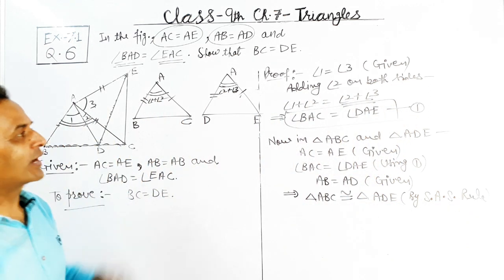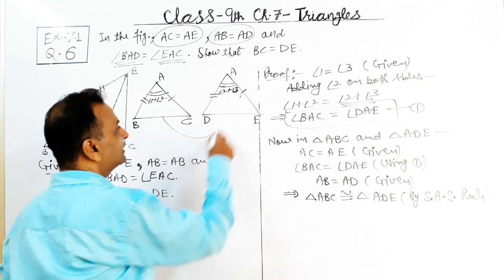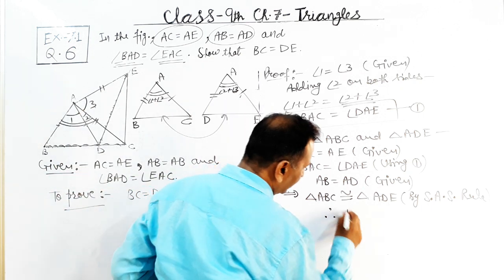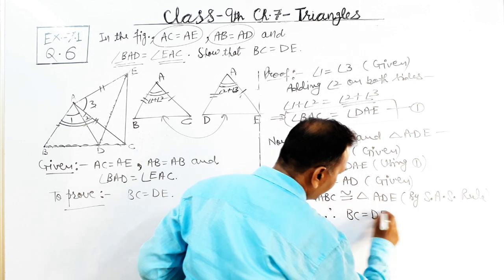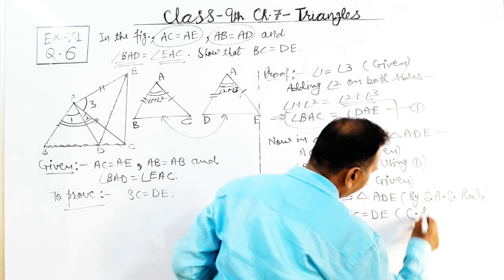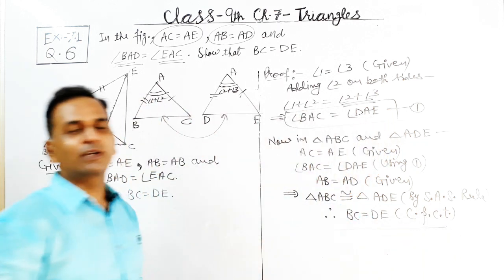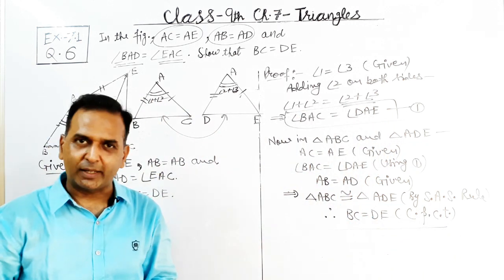And because these two triangles are congruent, their remaining corresponding sides will be equal to each other. So BC will be equal to DE by CPCT, that is, corresponding parts of congruent triangles are always equal.